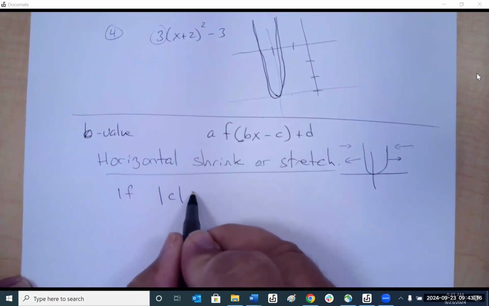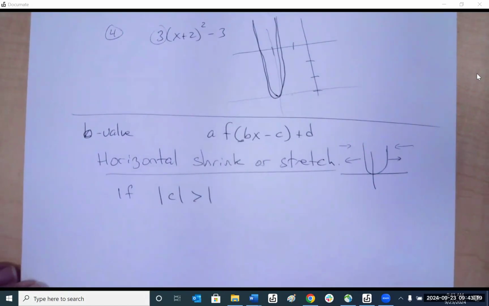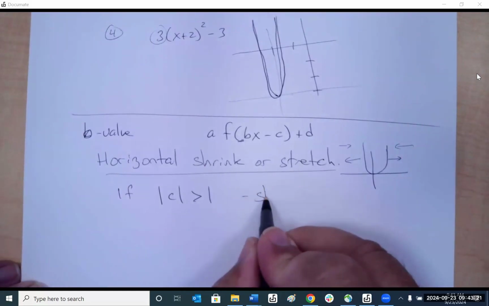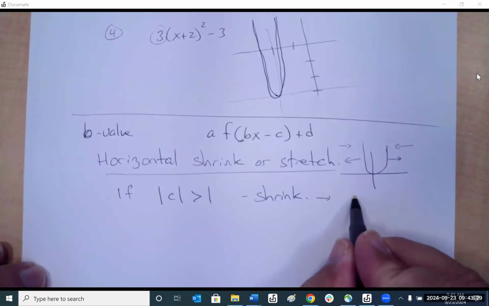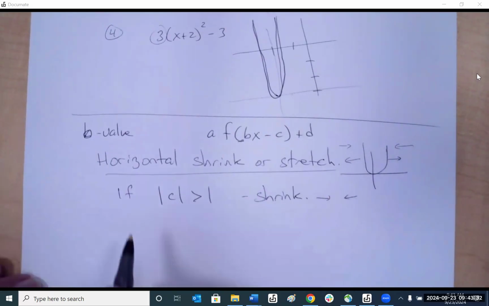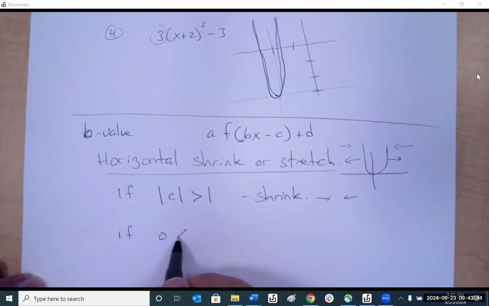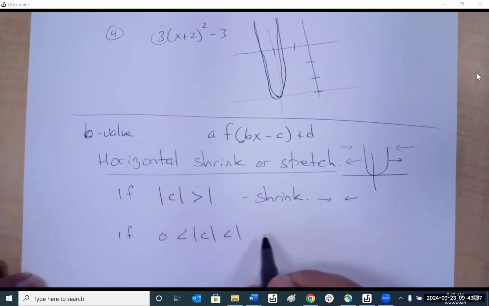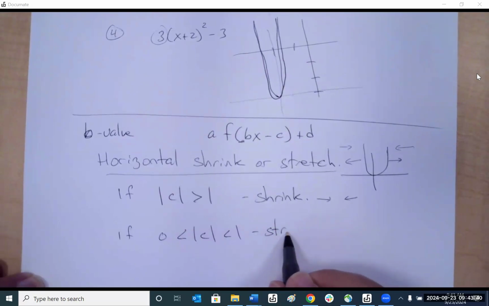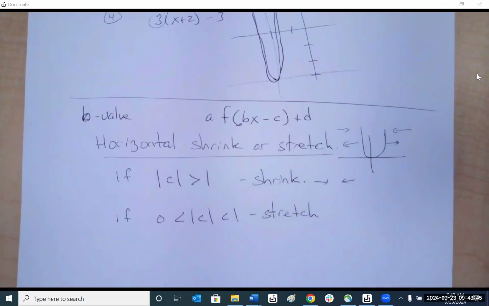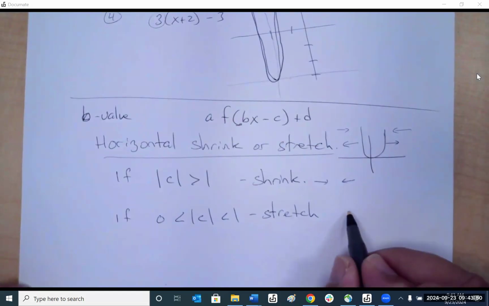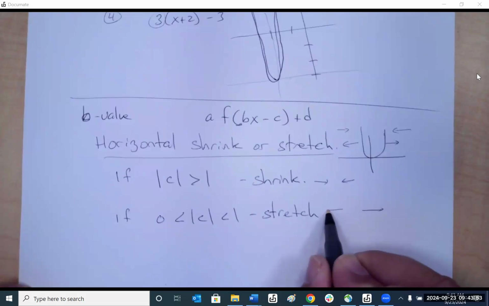If the absolute value of B is greater than 1, we shrink. I mean, we push in. If we're between 0 and 1, we stretch. What that means is we pull the numbers apart.